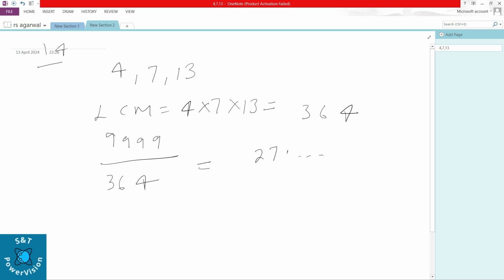So what we'll do, we'll multiply 364 by 27, equal to 9828. Since it should also leave a remainder of 3 in each case, we'll add the number 3 here. So the answer is 9831 here.